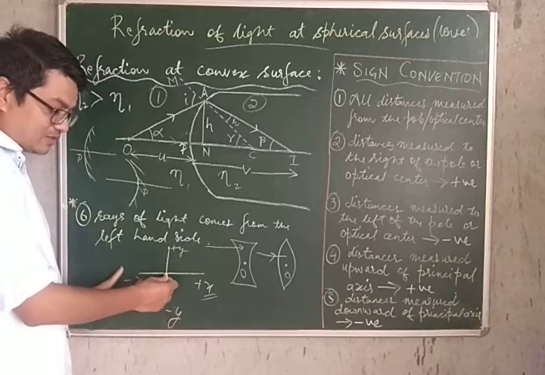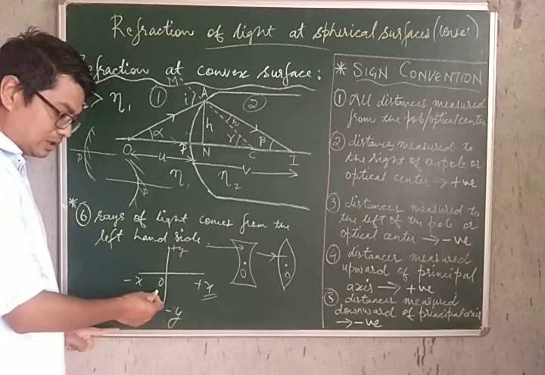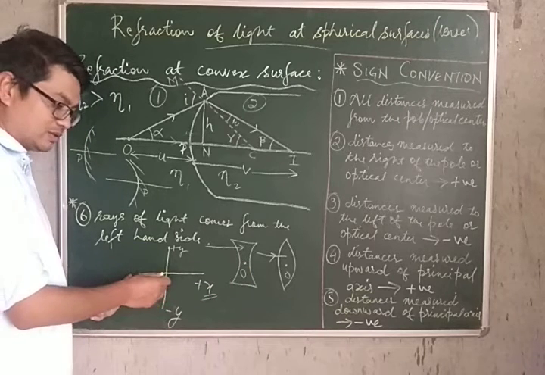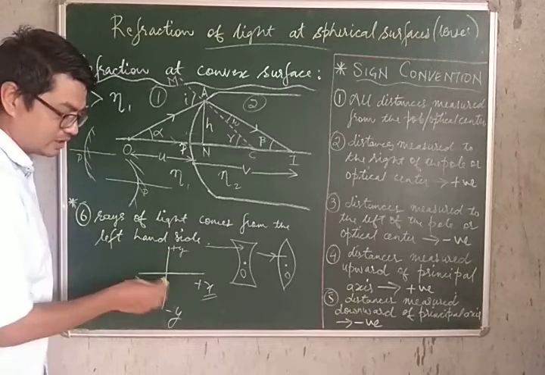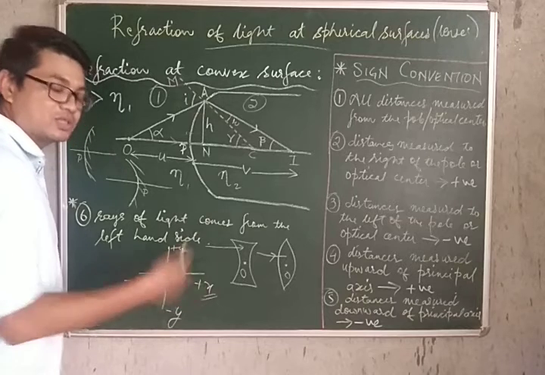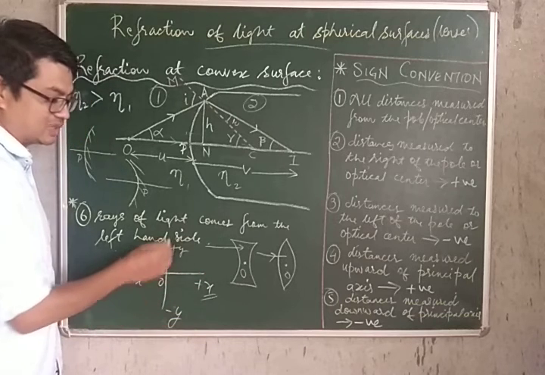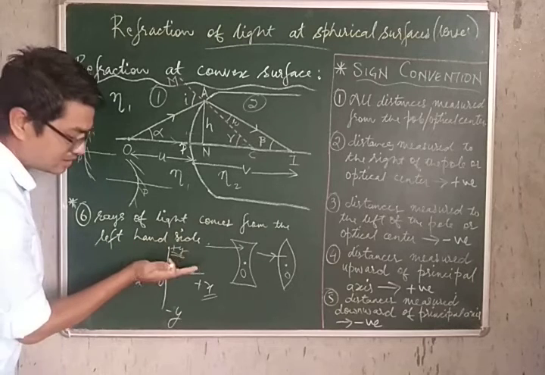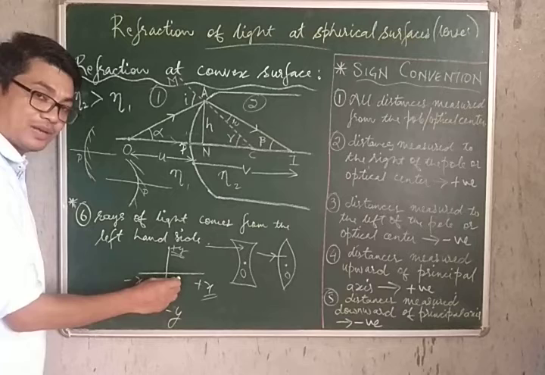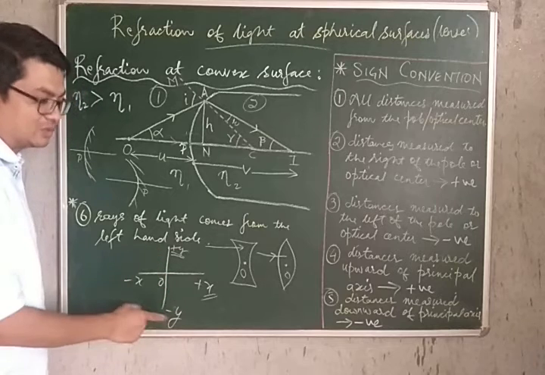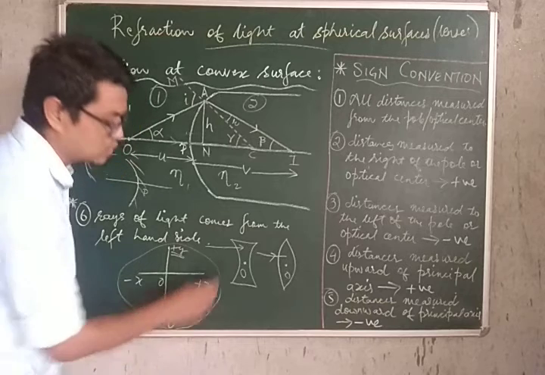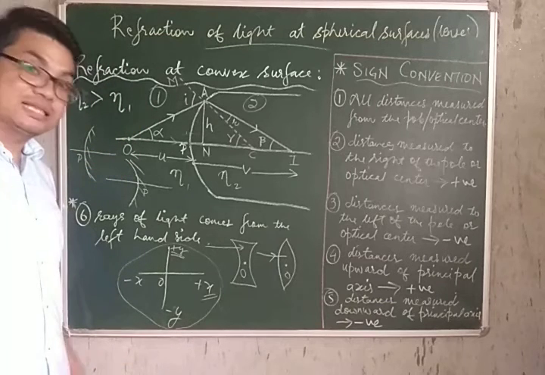All distances on the left hand side of the origin, pole or optical center fall on the negative x-axis side, so they are negative. All distances upward of the x-axis, which is like your principal axis, are taken to be positive since they fall on the positive y-axis side. And all distances downward of your principal axis are taken to be negative. So you can remember this to remember the sign convention simply.